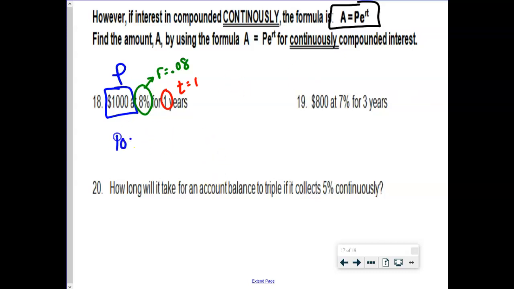All right, here's what we're going to type on our calculator. We're going to type 1,000, and then times E, but you don't have to do a multiplication symbol because it implies that. And then up in his exponent, it's to the 0.08 times 1 power. So, do I know time? Yes, so I should be in the home screen of my calculator.